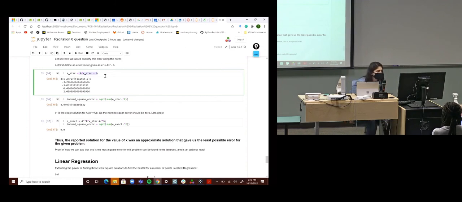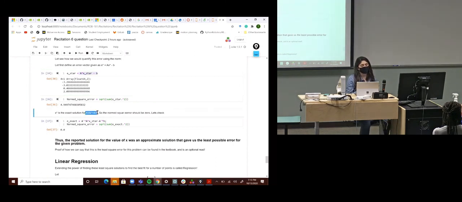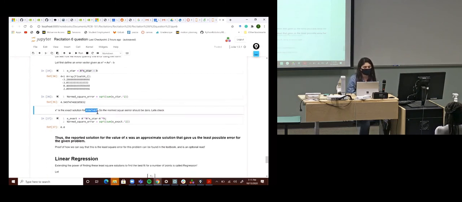And if you decide to go over it and you have problems with it, reach out in office hours, right? If you can just take our word for it, we can tell you that the x star you found from solving this system of equations does give you the least error. So it's the best approximation according to this normed space.